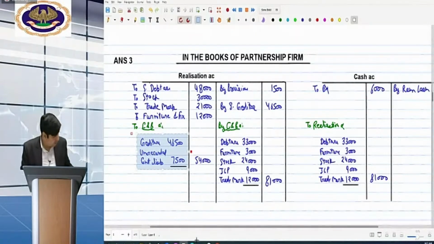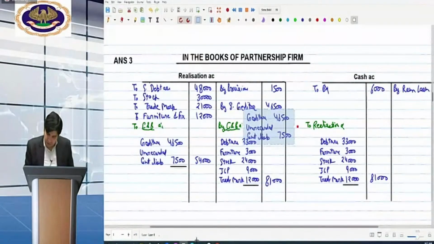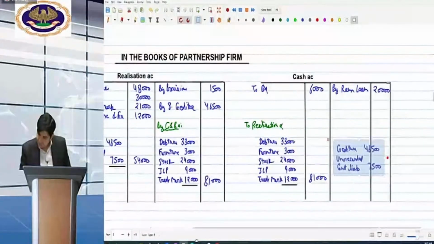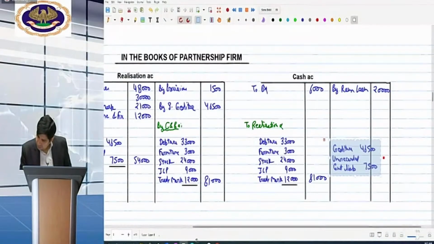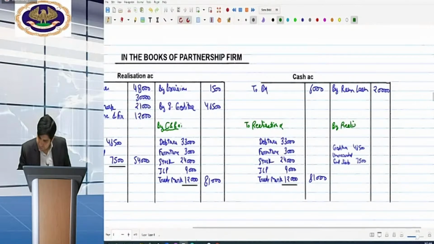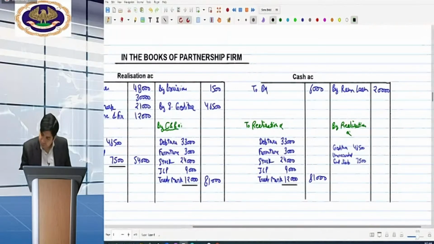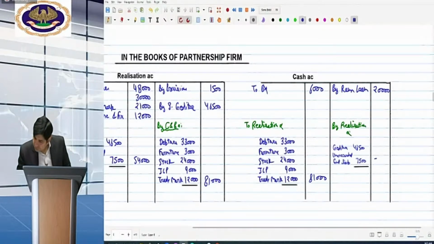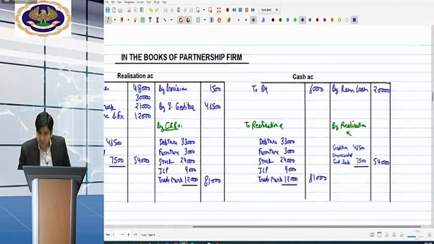Creditors, by realization account. Total is there, that is, of course, 54,000.